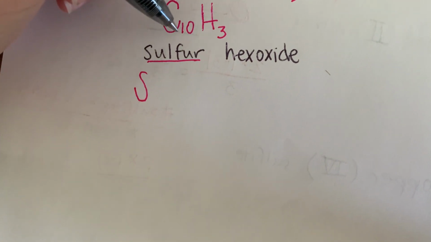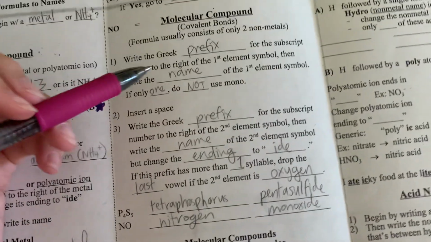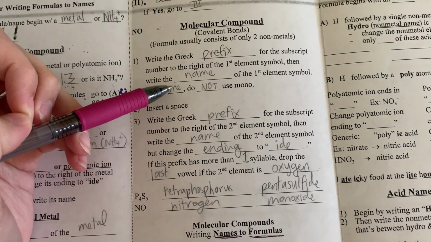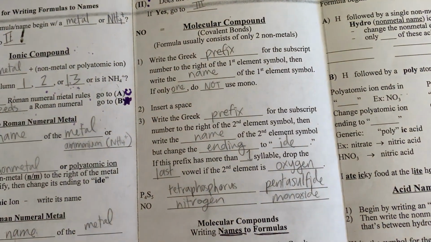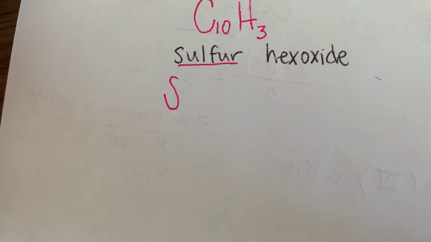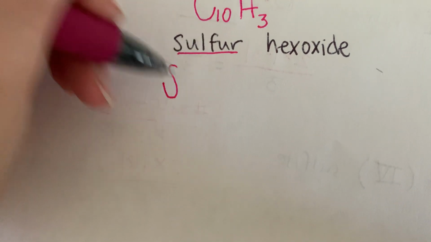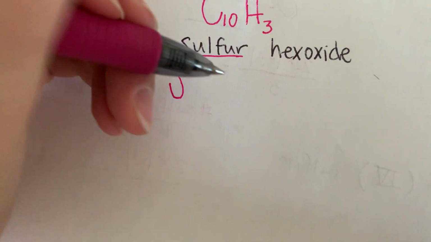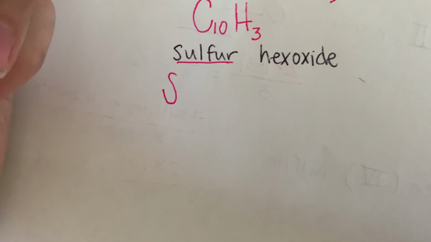Well, to remind ourselves from when we go from a formula to a name, if the first element only has 1, we just pretend there is no mono there. So because we have nothing in the front, we know there's just 1 sulfur. We don't need to write a 1 because that's excessive. If you really want to, I'm not going to be a jerk about it, but it's good practice to know that you don't actually write out the 1.